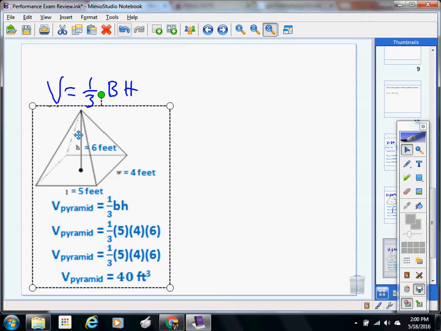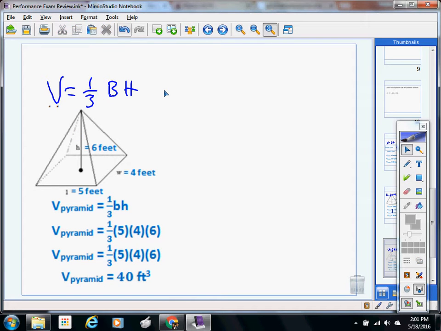It really doesn't matter where you pick up in using the formula. You have 3 things to multiply together, or really 4 things, because the way you go about finding the area is 4 times 5, which is 20. 20 times a third of 6. Well, a third of 6 is 2. 20 times 2 gives me the same answer, 40. So 1/3 base times height.